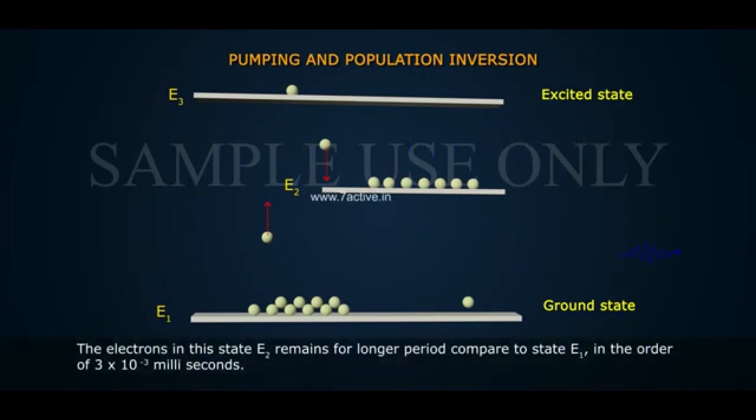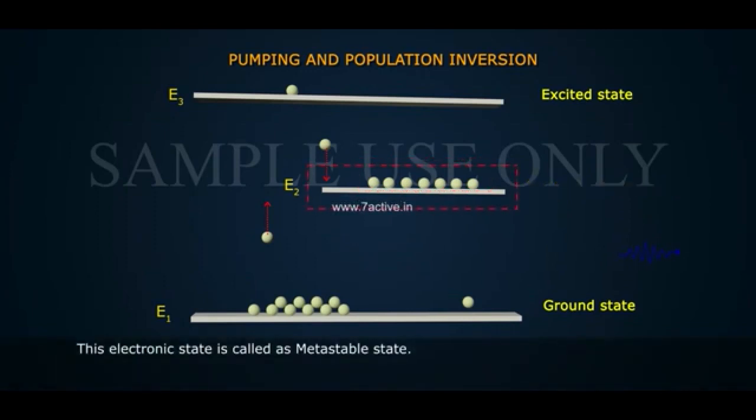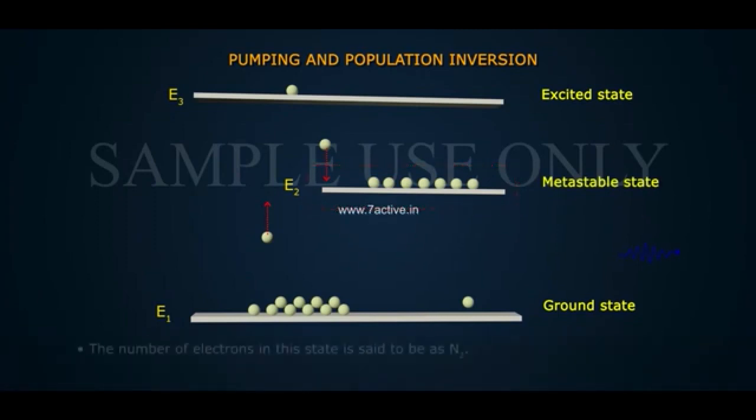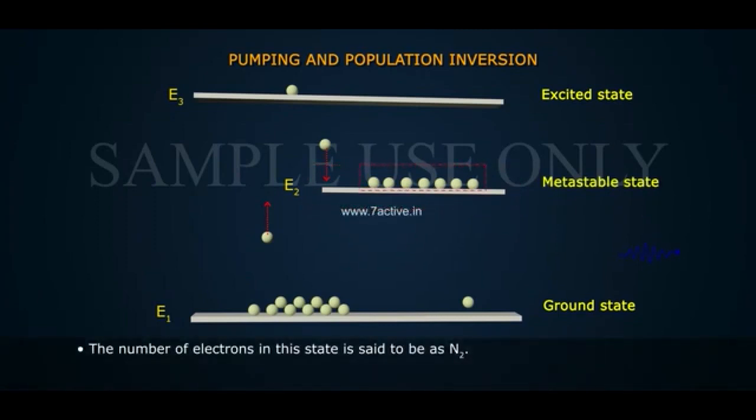The electrons in this state, E2, remain for a longer period compared to state E1, in the order of 3 into 10 power minus 3 milliseconds. This electronic state is called the metastable state. The number of electrons in this state is said to be N2.